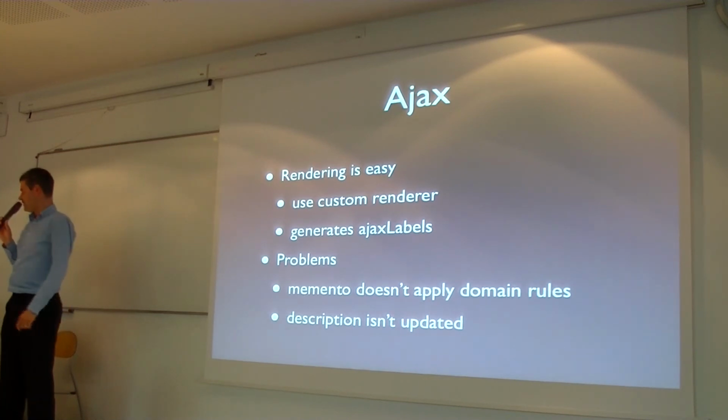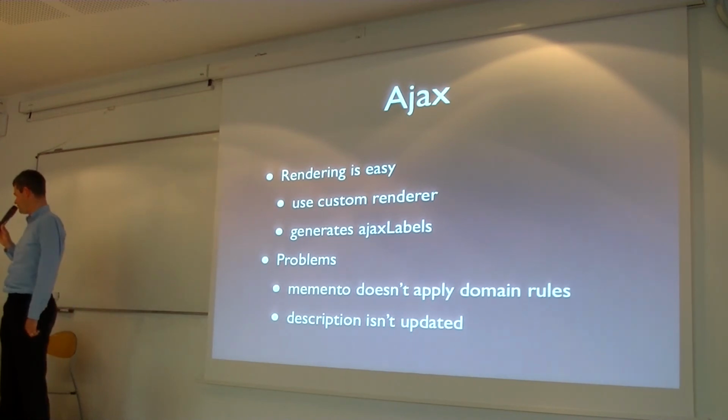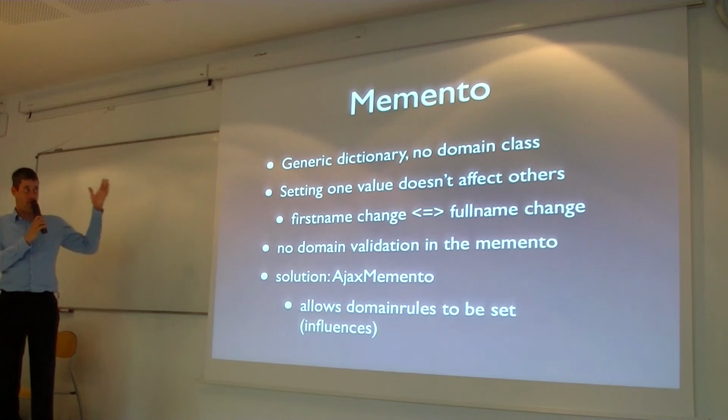So we also introduced a different Memento with some extra properties. An Ajax Memento. I think next slide. And as I said, Memento is a generic dictionary with no domain class. Setting one value doesn't affect another.